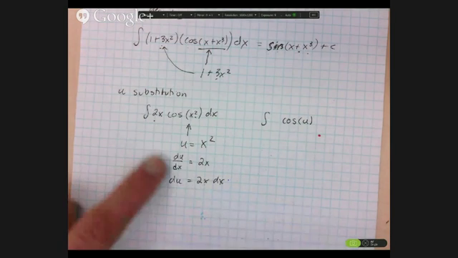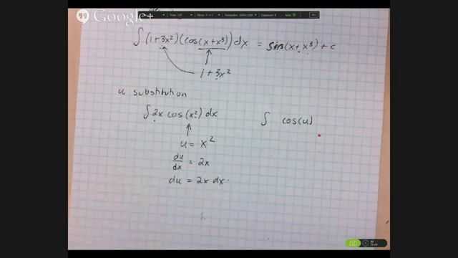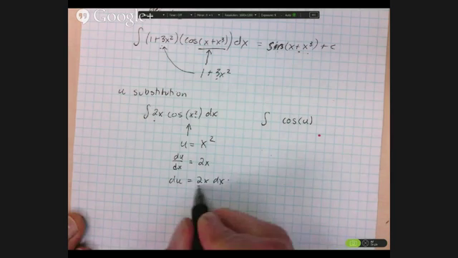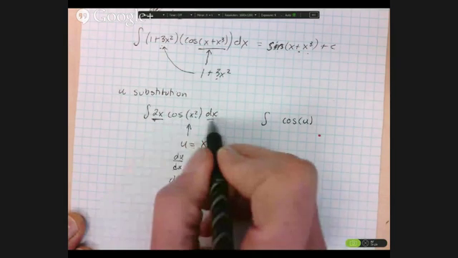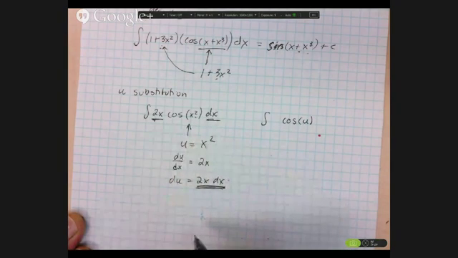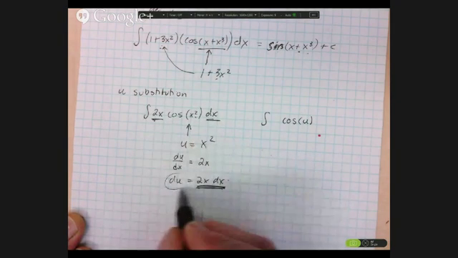I move the dx to the right side. You can't perfectly mathematically say it's multiplied by each side, but that's kind of the general idea. So this right here gets rid of this and this, and replaces it with du.